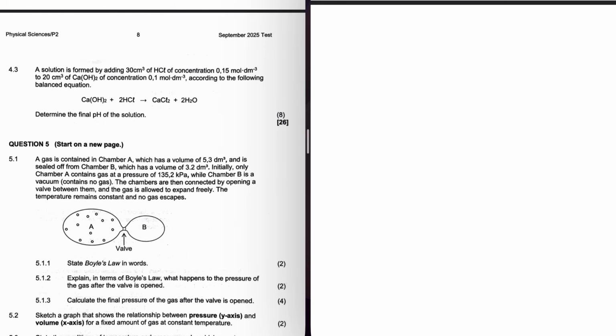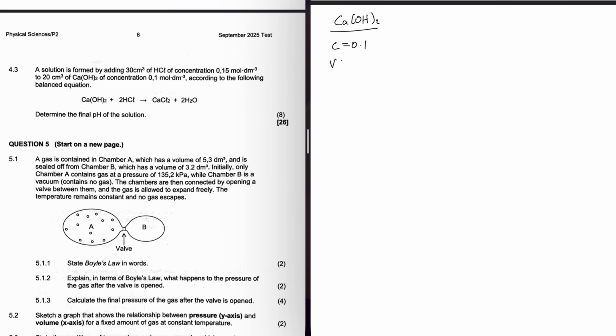Now, to figure out the pH of the solution, we first need to figure out whether we're going to have acid or base in excess. So we need to go through that whole process of first calculating what is in excess and then calculating the number of moles that's in excess. So we'll start with the calcium hydroxide. For the calcium hydroxide, we know the concentration, 0.1.